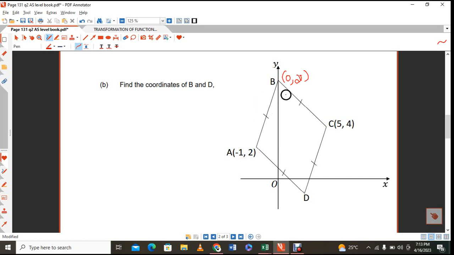Since point B lies on BD, now you must understand B lies on BD, and we know the equation of BD from our work before was y equals minus 3x plus 9.